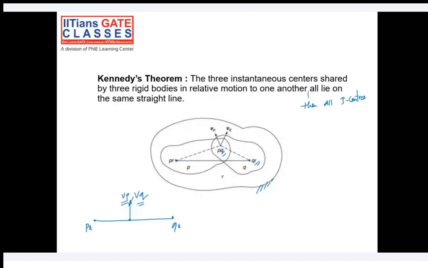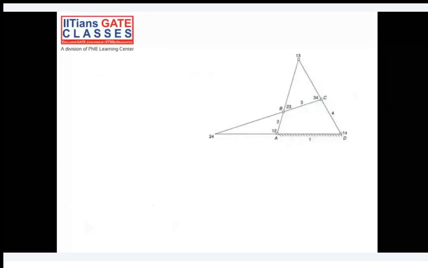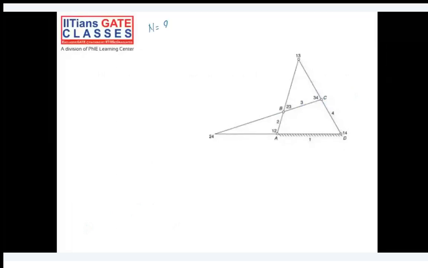So in this particular example, this is a 4-bar chain. We have 4 links. Can you tell me how many I centers are possible? Yeah. So basically, in this case, we have 6 I centers.